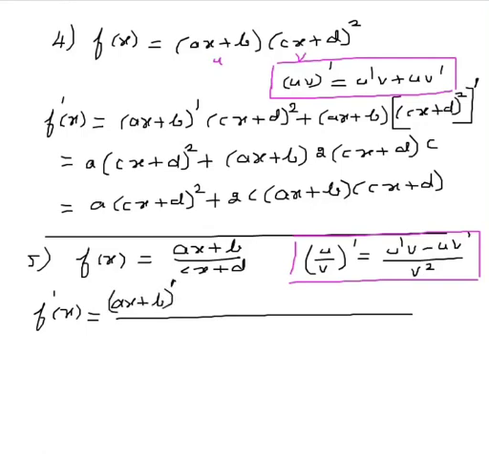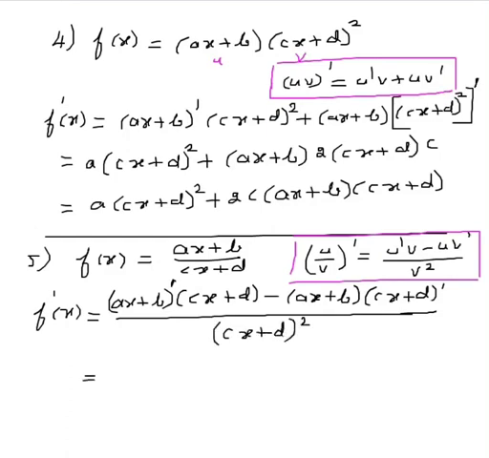U is the numerator, v is the denominator, into v minus u, which is ax plus b, times v dashed, divided by cx plus d the whole square.